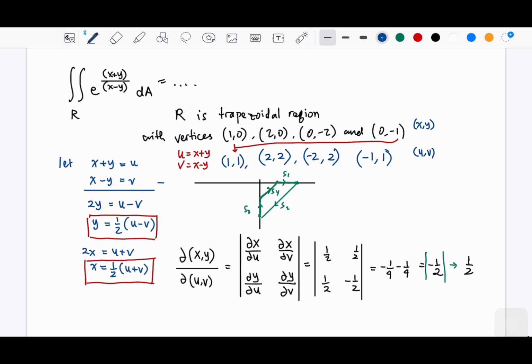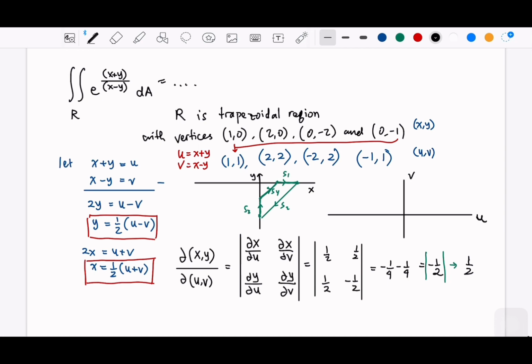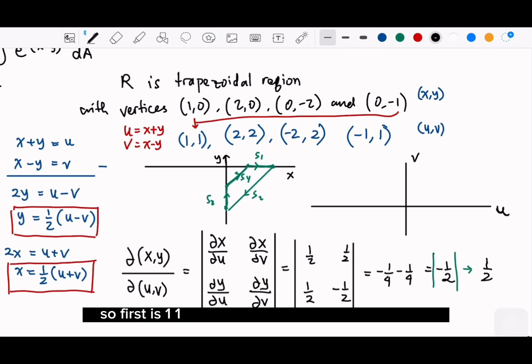Okay, now let's say this is the uv plane, right? And let's say we are going to have u and v. So this is u, this is v. So first is 1, 1.